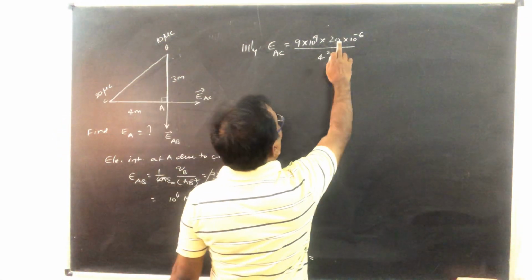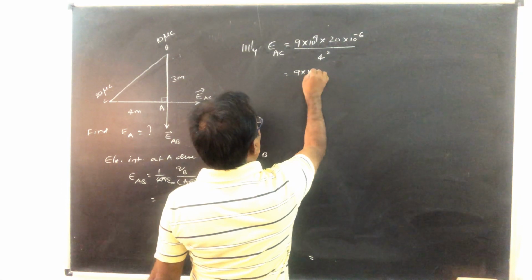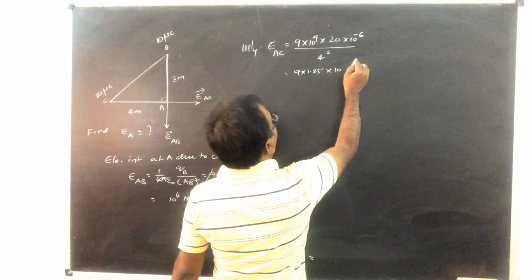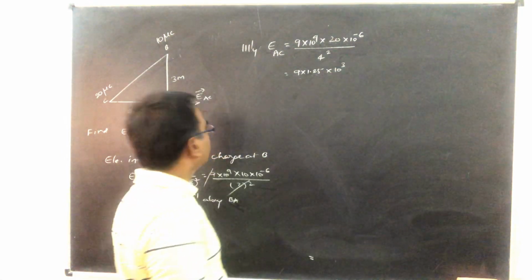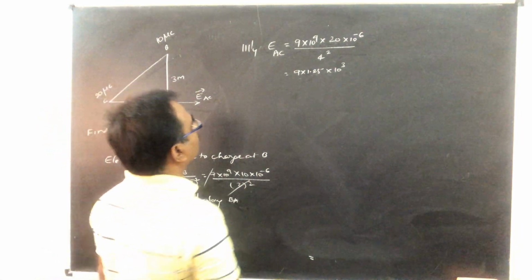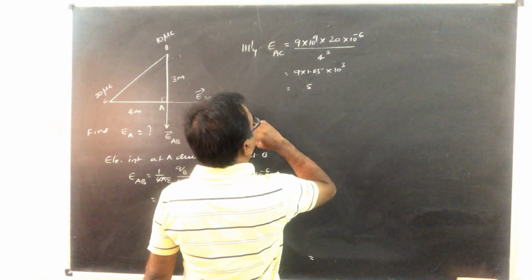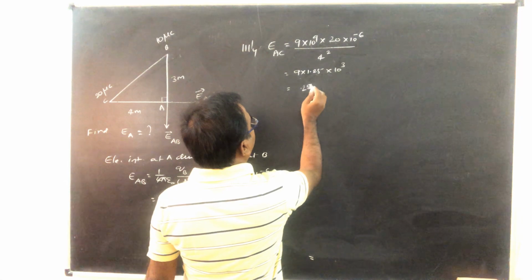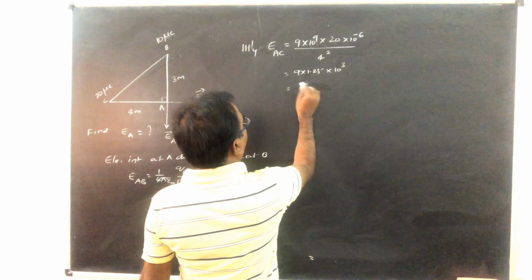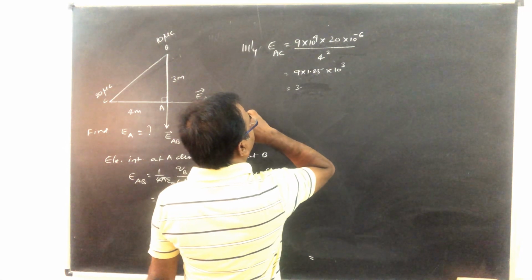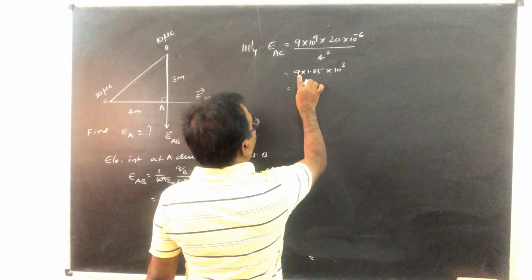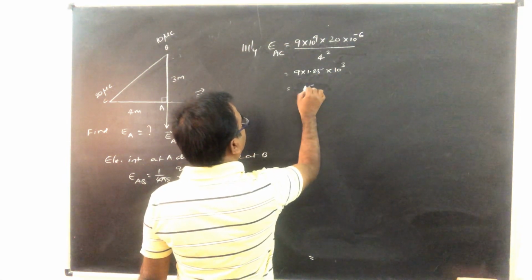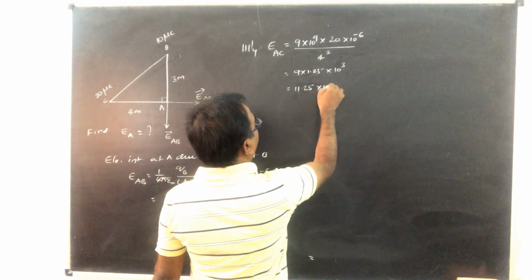So this will be 5 by 4, that is 9 into 1.25 into 10 to the power of 3.